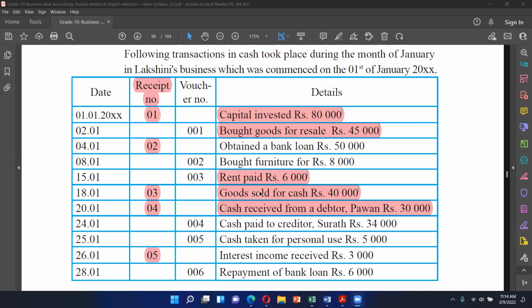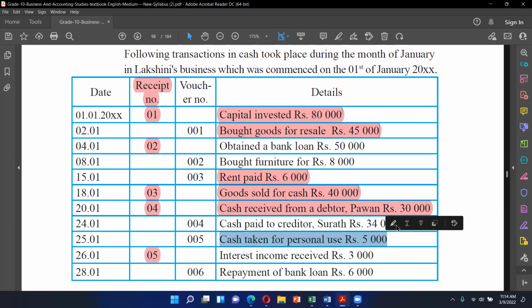Risandi, what is the double entry for 25th transaction? Cash taken for personal use.